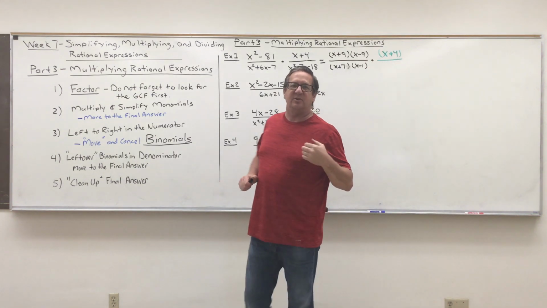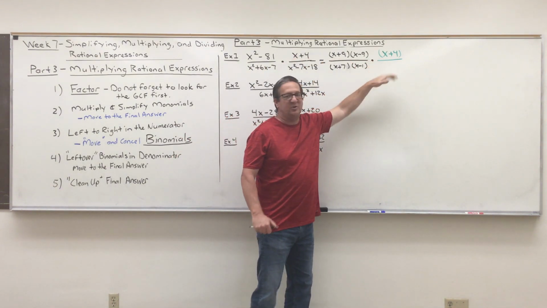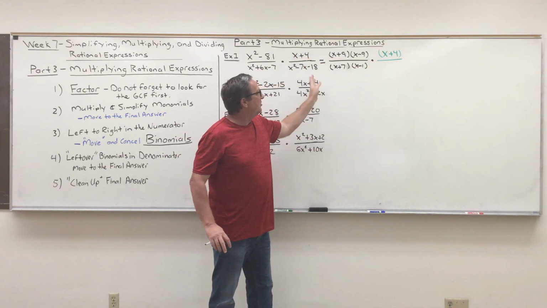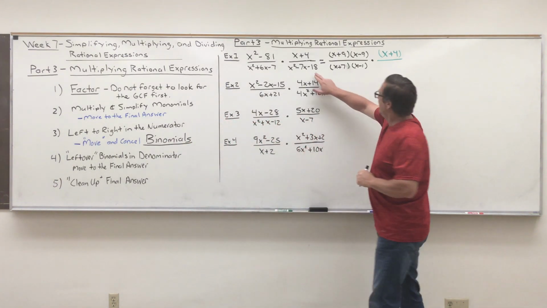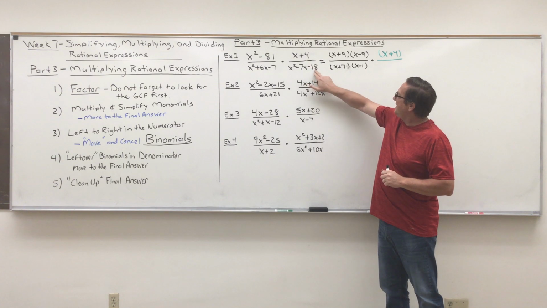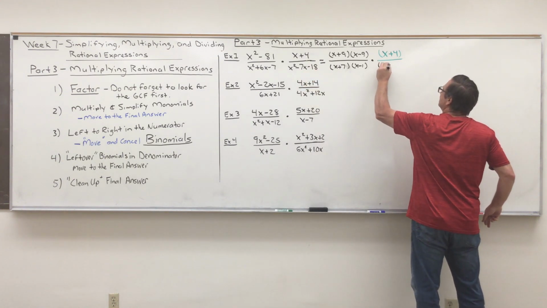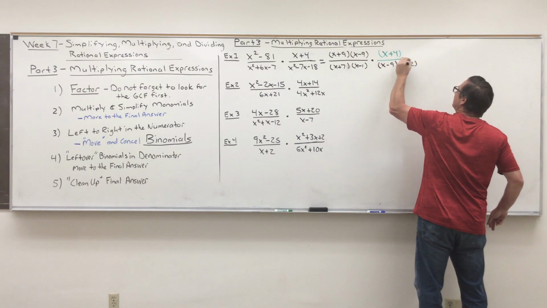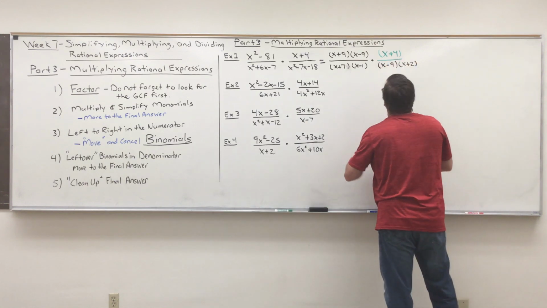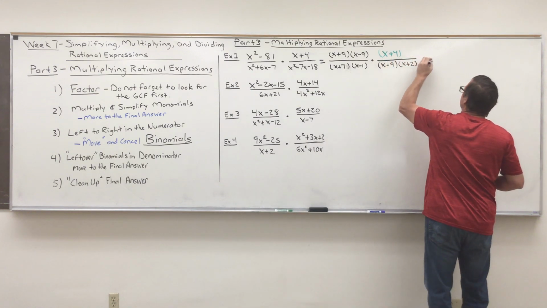So any binomial that does not break down, you simply go ahead and protect it, you turn it into a factor, and then we'll work on canceling it later on. 2 factors of -18 that add up to -7. Should be x minus 9 and x plus 2.